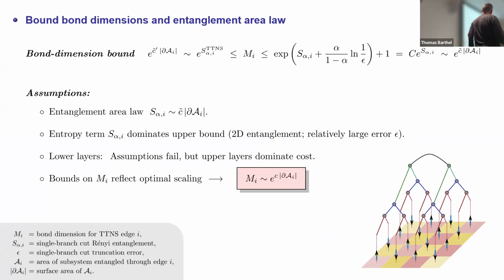If you assume an area law, then we should find, at least in the higher layers of this tree-tensor network, that the entanglement entropy across this cut is proportional to the spatial surface area of the corresponding cut.